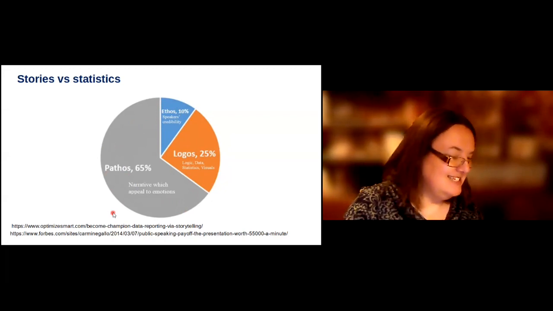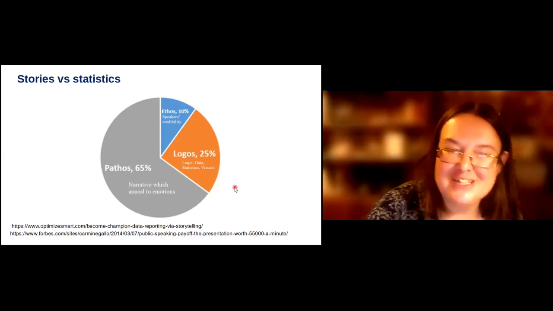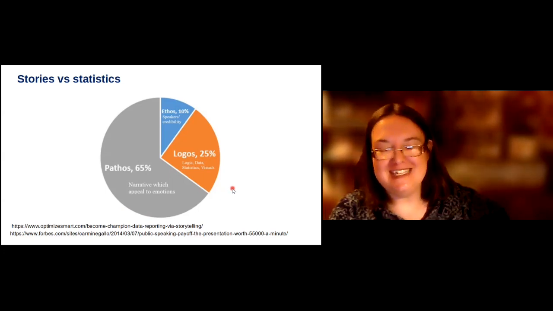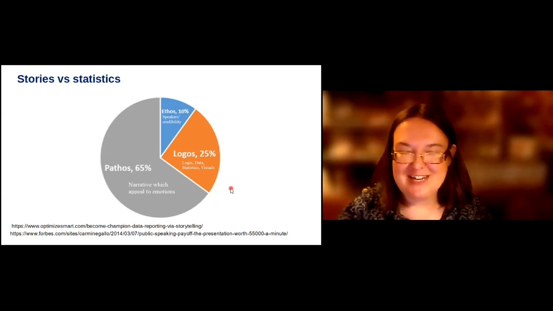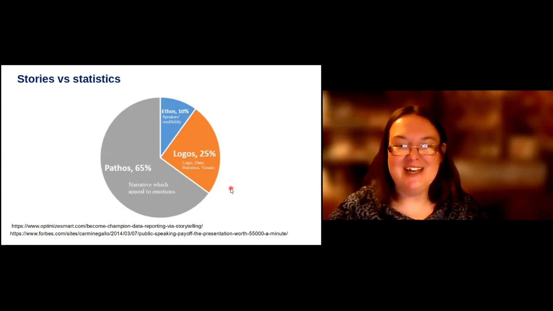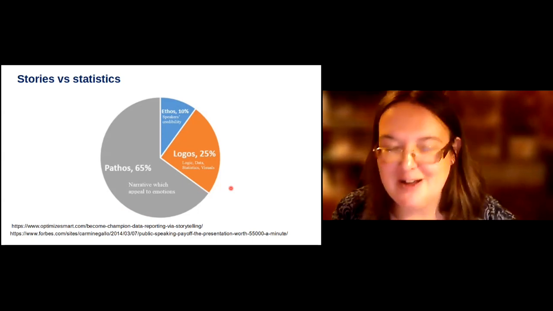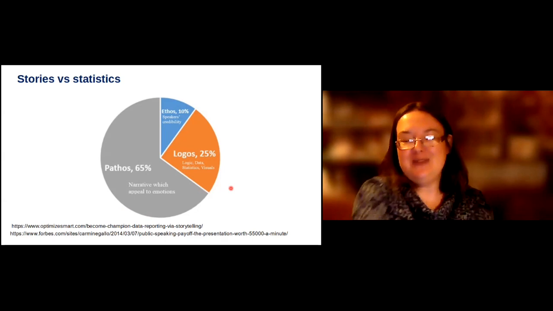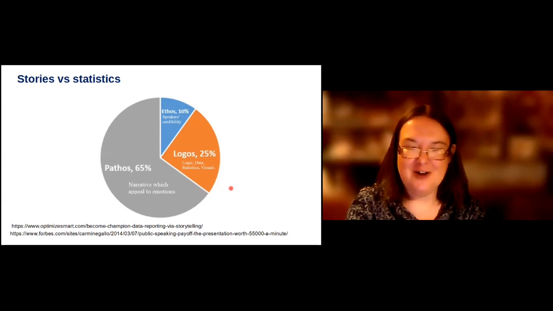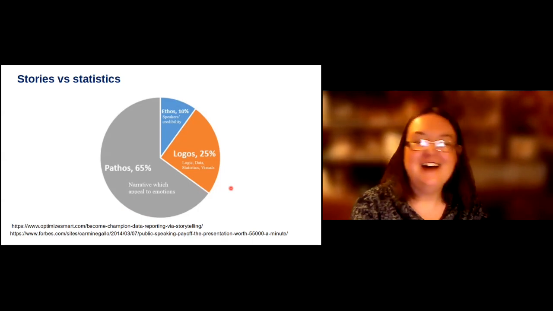Now, that is nice, but it's only one example. So is telling stories more persuasive than using statistical data? And of course, when we're talking about academic research, the answer is, probably not. You're not going to get very far with a good story if you're submitting your academic research paper to a journal, or for that matter, submitting your grant proposal without a great deal of statistical and factual information to back it up.